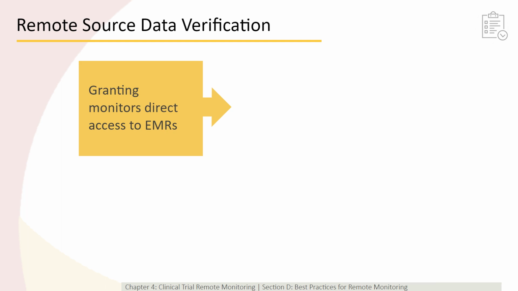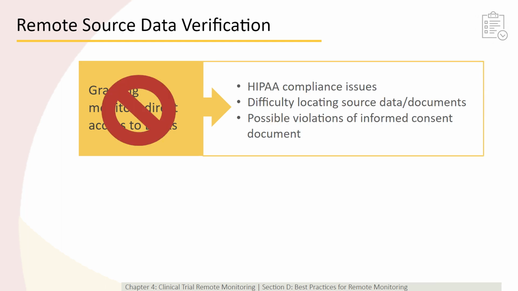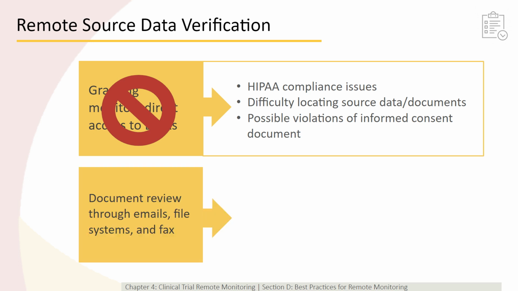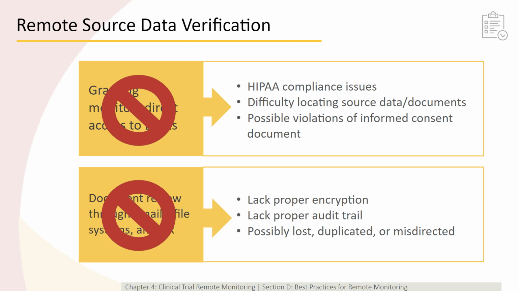However, granting monitors direct access to EMRs is generally not recommended, as it can generate issues regarding HIPAA compliance, difficulty finding source data or documents relevant to the trial, and possibly violate the informed consent document. Document review through emails, file systems, and fax are also not recommended, as documents may lack proper encryption or a proper audit trail, or can get lost, be duplicated, or misdirected.